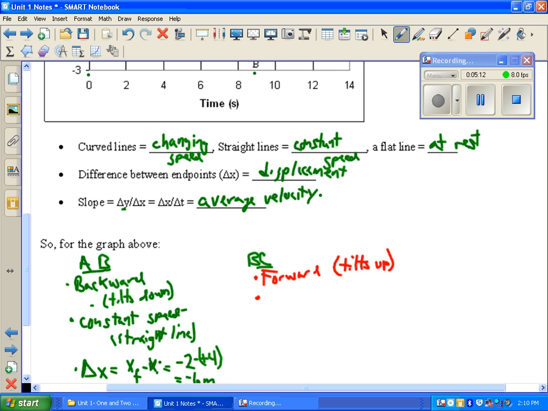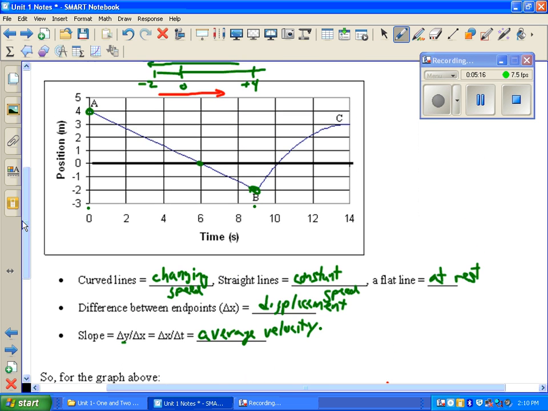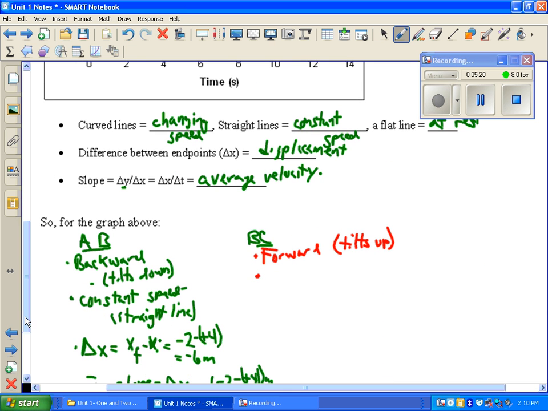And now ask yourself and see if you can figure this out. Is it speeding, constant speed or changing speed? Well, I look at that. It's a curve, so it's changing speed. I can tell that because it's a curve.